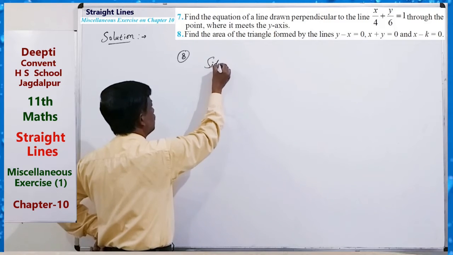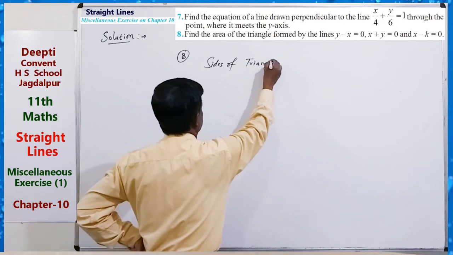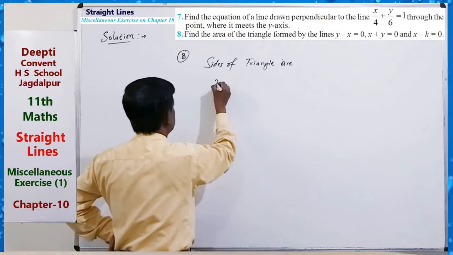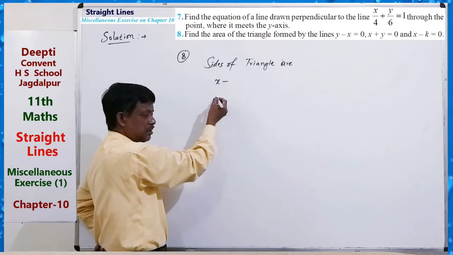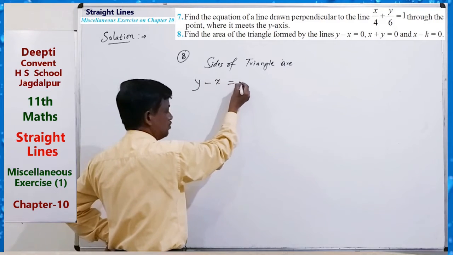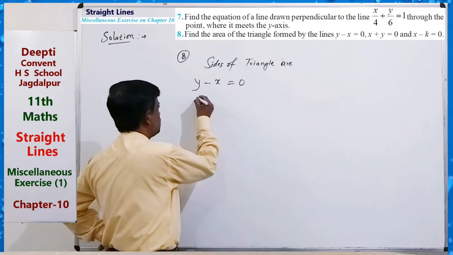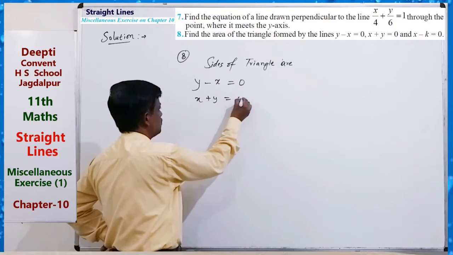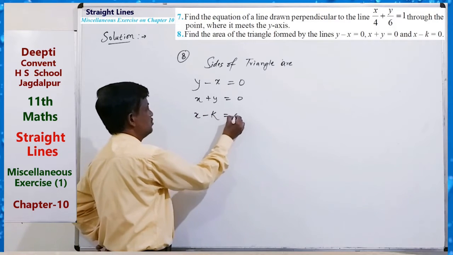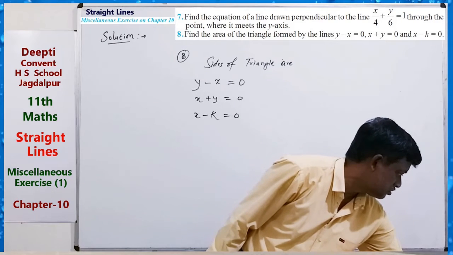The sides of the triangle are y minus x equals to 0, another is x plus y equals to 0, and also x minus k equals to 0.